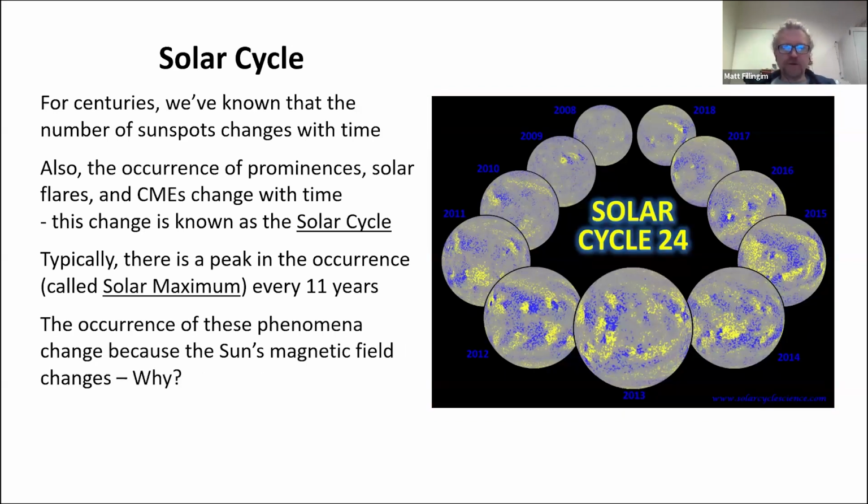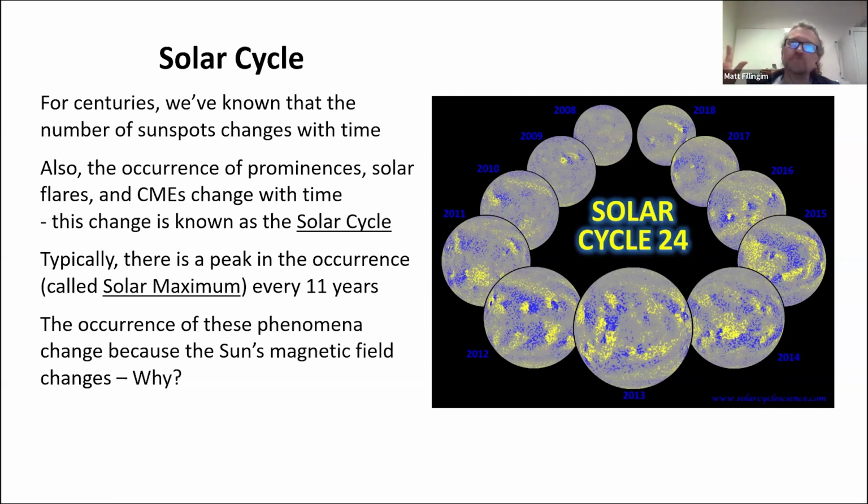Okay, and we know that all of these phenomena, sunspots, prominences, solar flares, coronal mass ejections, are related to the sun's magnetic field. And so that tells us the sun's magnetic field is changing every 11 years. And so here's just a map, well, basically pictures of the magnetic field of the sun, showing that during solar minimum, the sun's magnetic field is not very structured.